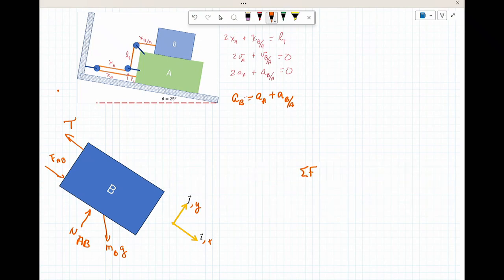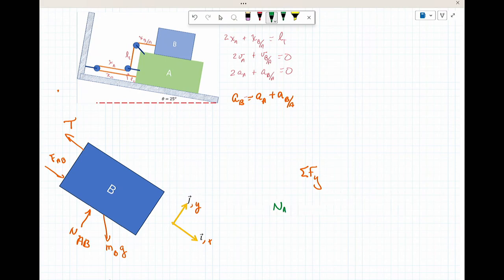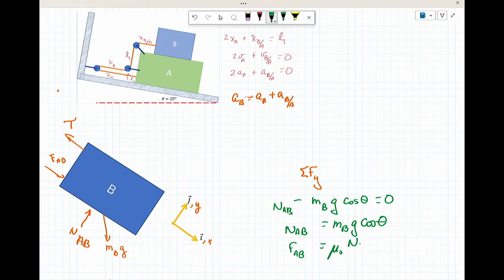So sum of forces in Y, let's do that in a different color. NA minus NAB minus MBG cos of theta is equal to 0. NAB equals MBG cos of theta. Force AB is equal to mu sub s NAB.